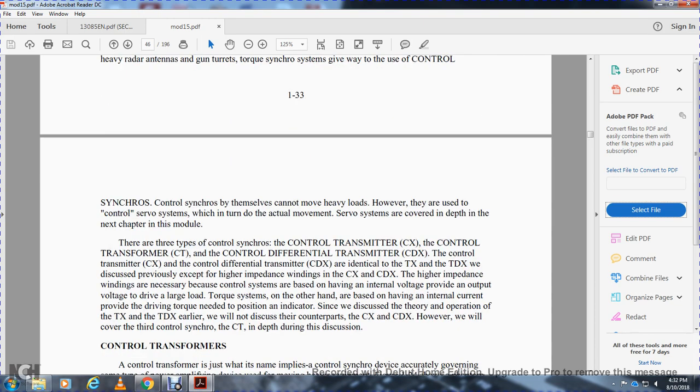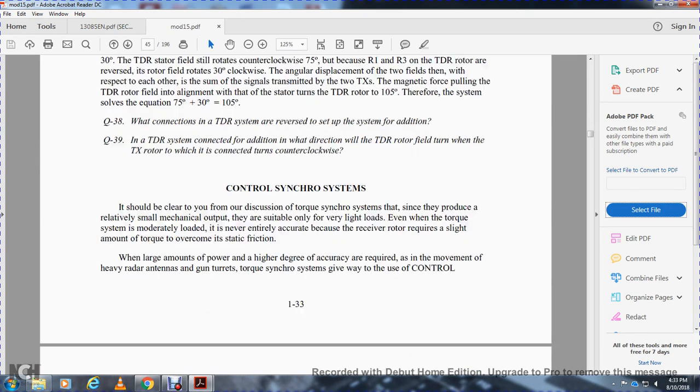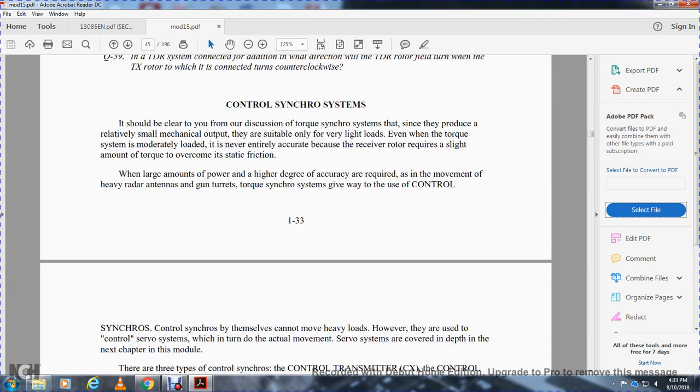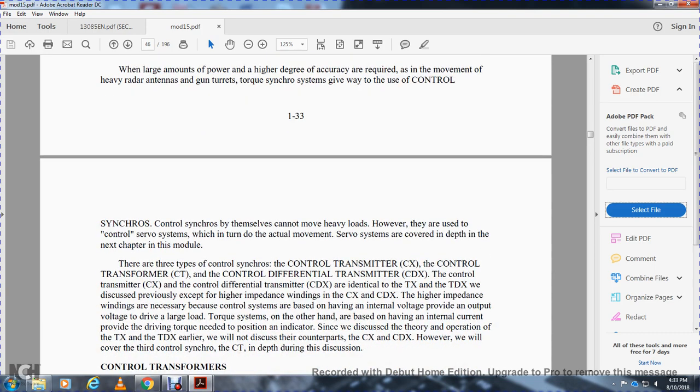There are three types of control synchros: the control transmitter, the control transformer, and the control differential transmitter. The control transmitter and the control differential transmitter are identical to the torque transmitter and the torque differential transmitter discussed previously, except for a higher impedance winding.